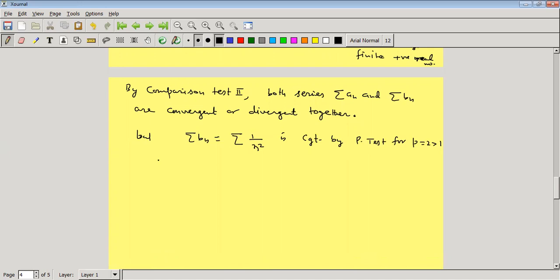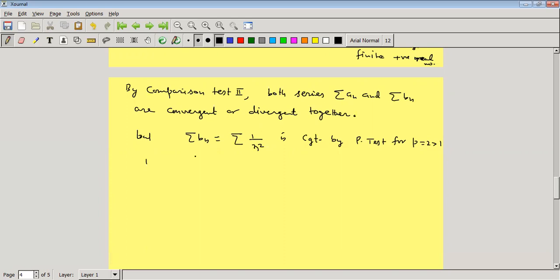Now comparison test 2 says both series summation An and Bn are convergent or divergent, so both have the same behavior. We know the behavior of summation Bn. What is the behavior? It is convergent.